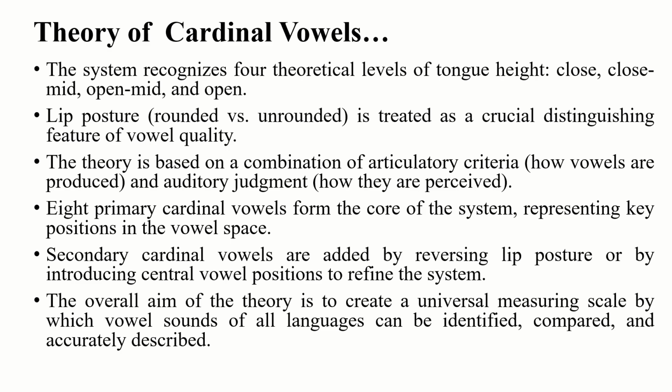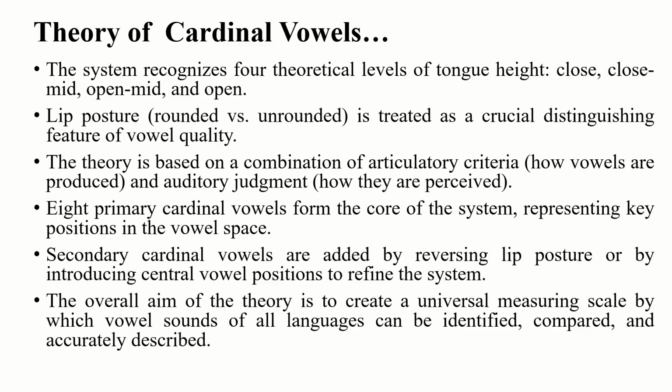In the same way, the theory is based on a combination of articulatory criteria, meaning how vowels are produced, and auditory judgment, how they are perceived. And the eight primary cardinal vowels form the core of the system, representing key positions in the vowel space.